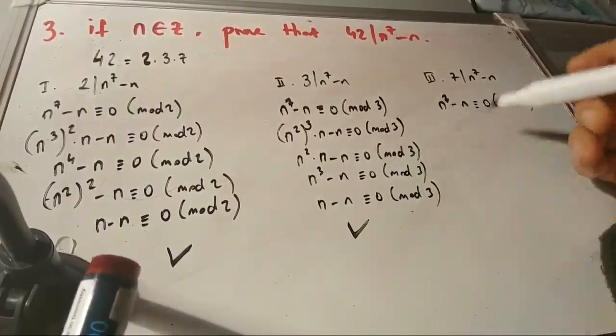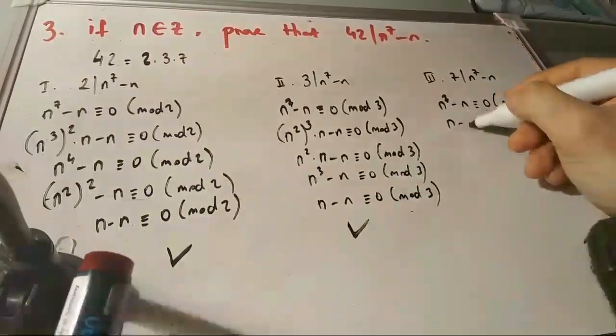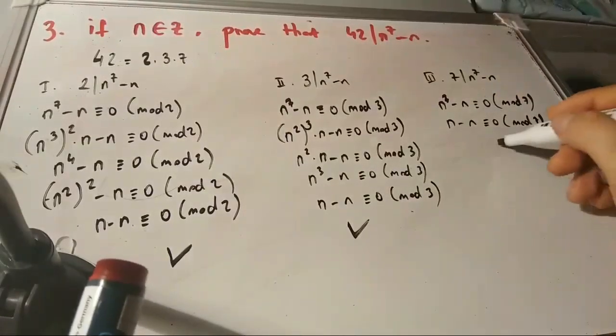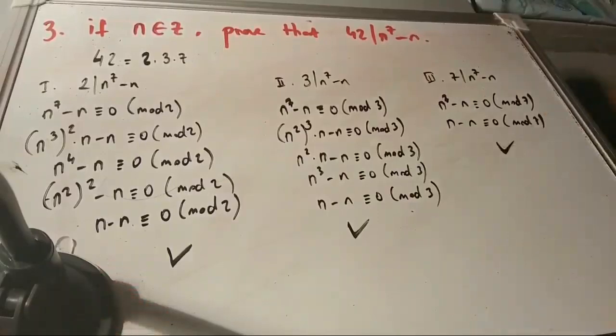So what is the remainder? n minus n is congruent to 0 in mod 7. Okay. We got the solution. So if n to the power of 7 minus n is divisible by 2, 3, and 7, automatically the number is divisible by 42. Okay.